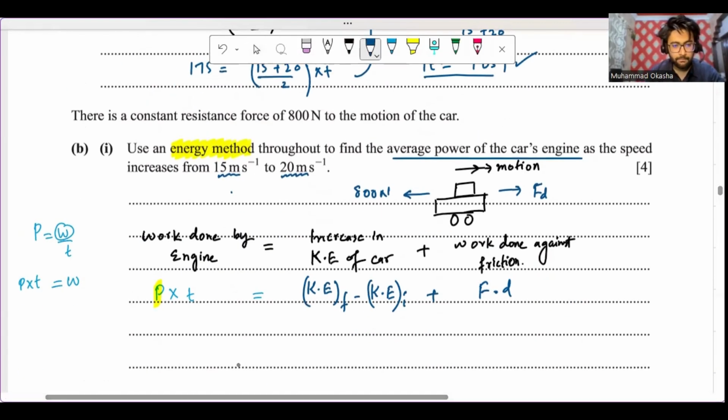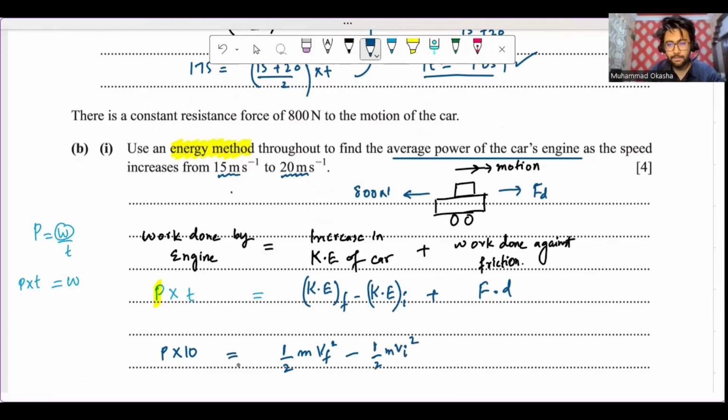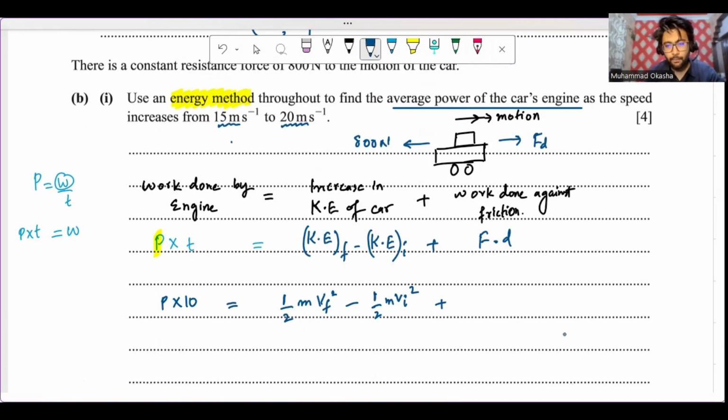So power multiplied by 10 is equal to kinetic energy, which is half m vf squared, the final velocity, minus half m vi squared, plus force, we're talking about the friction force, which is 800 newtons, and the distance traveled is 175 meters.